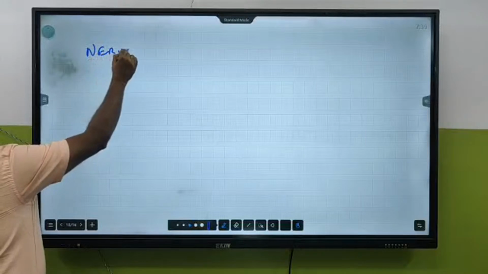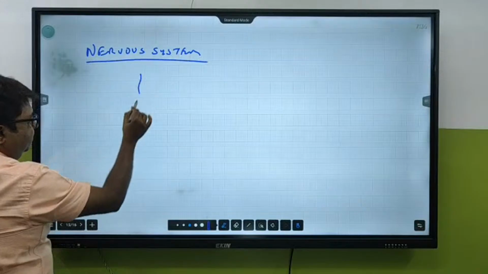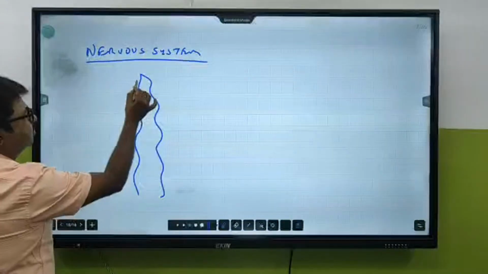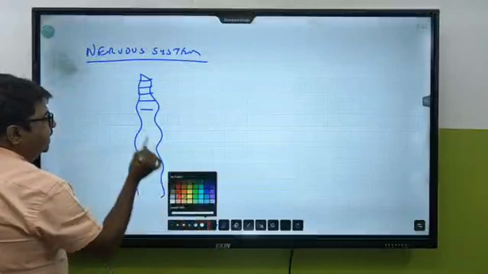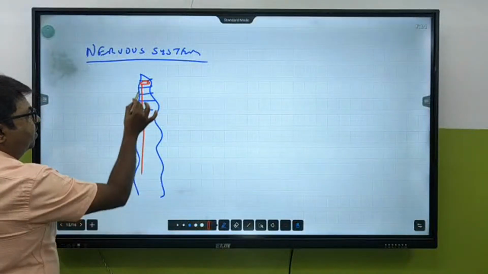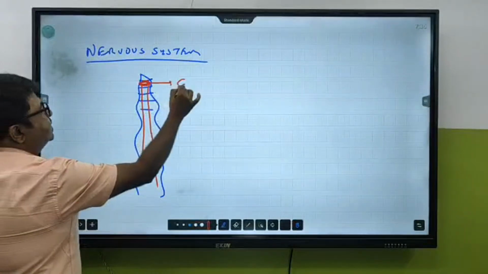One of the points that we were missing is about their nervous system. If this is the earthworm with many segments, they have a ring-like structure at their first initial segments.